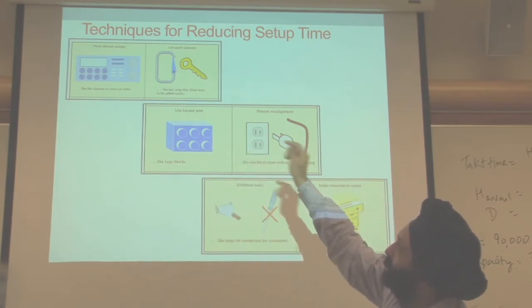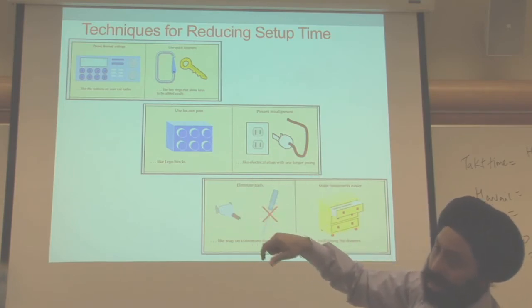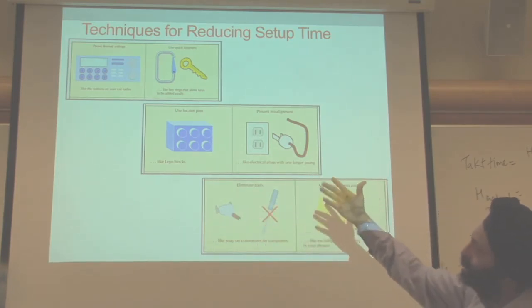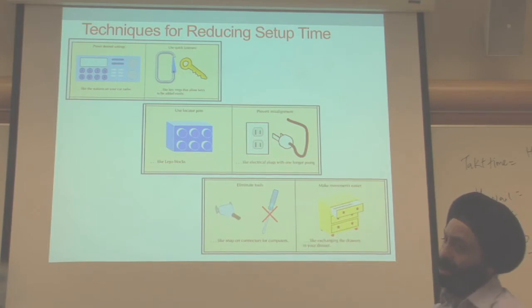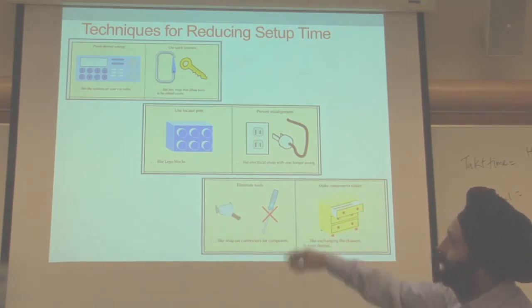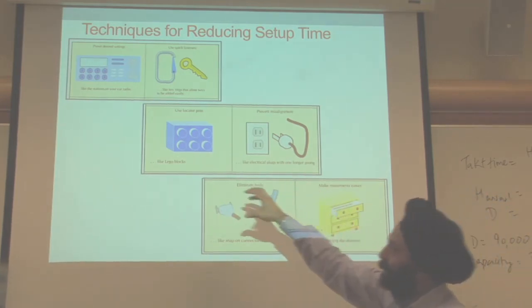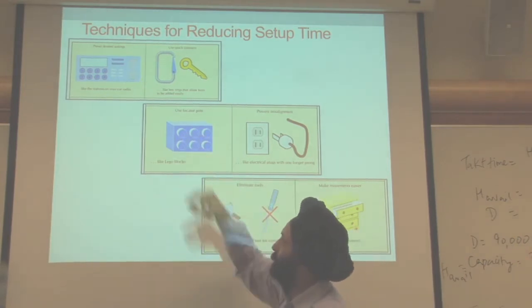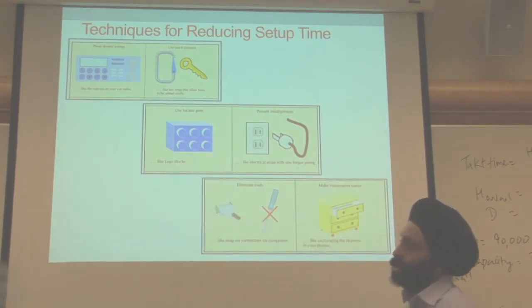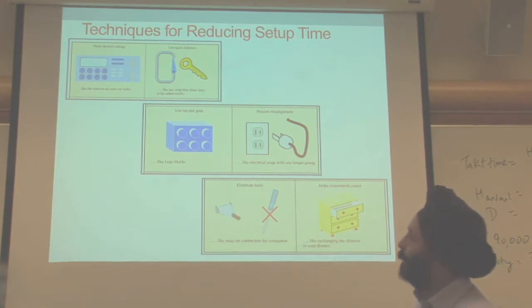Or quick fasteners, easy to attach or detach, like key rings that allow keys to be added easily rather than making it harder. Locator pins, so they become self-guiding like Lego blocks, where there is only one right way to put them together.